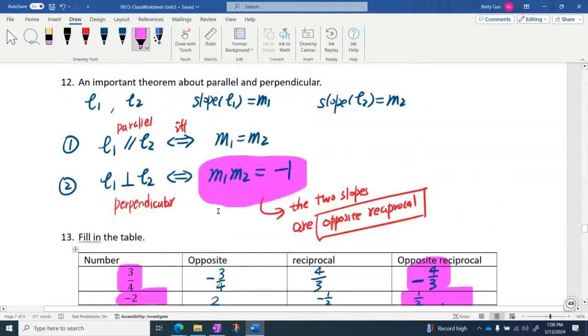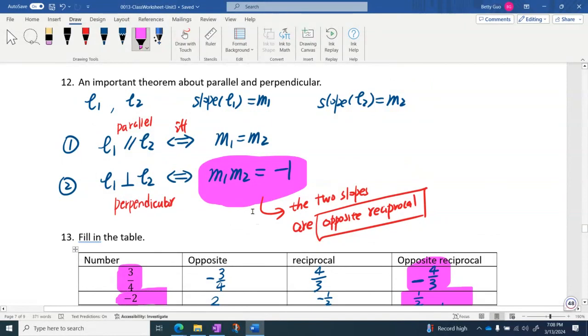And that is the condition for two straight lines being perpendicular. In algebra, how do we know two straight lines are perpendicular? If we multiply the two slopes and we get -1, then the two lines are perpendicular.